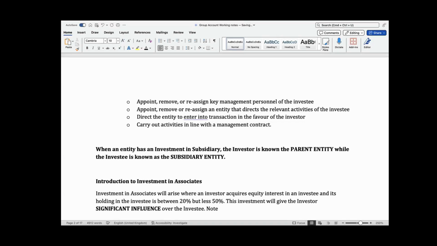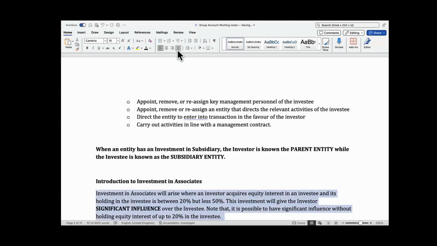Note that it is possible to have significant influence without holding equity interests of up to 20% in the investee. It is possible for you.